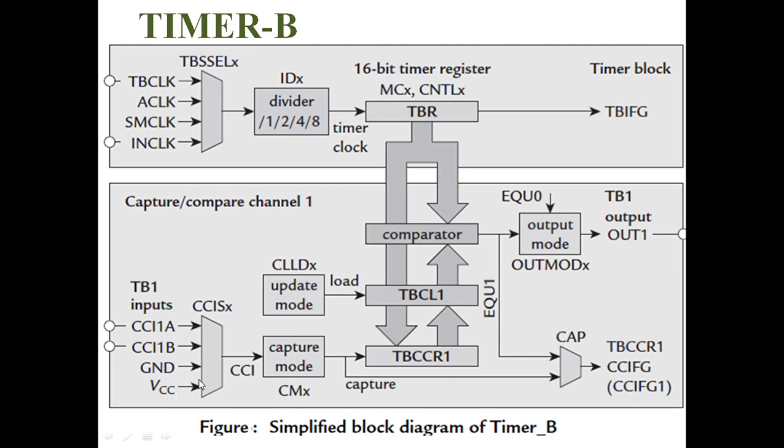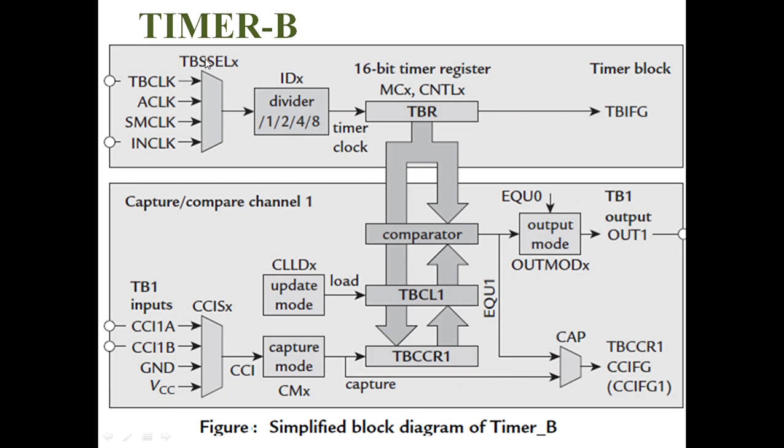We can select any one of these. That is given to the capture mode. That value is given in the timer B capture compare register 1. That is given to the timer B capture length, which is given to the comparator to give the output signals.